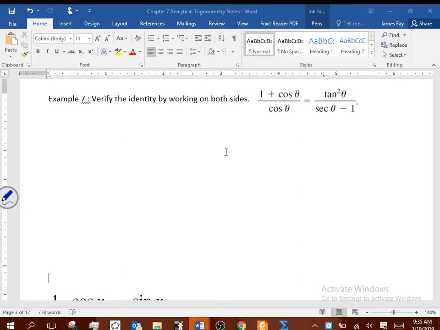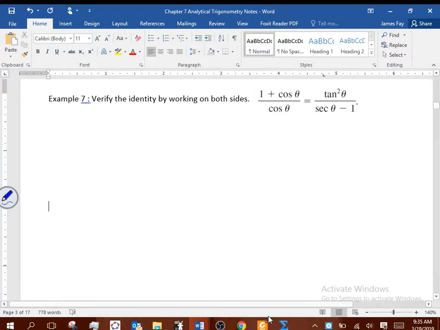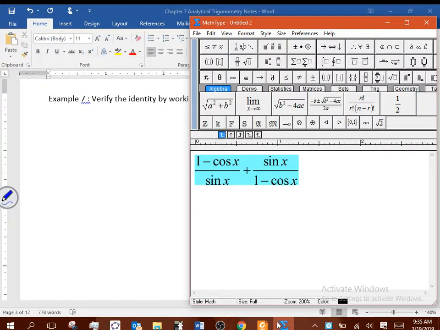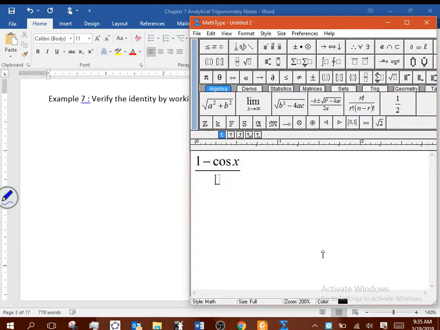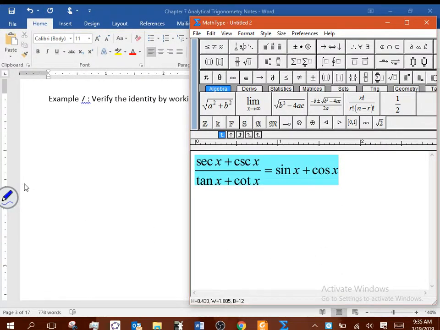Okay, I've got a couple others here that I pulled out of the textbook that I want to cover today. The first one is this.